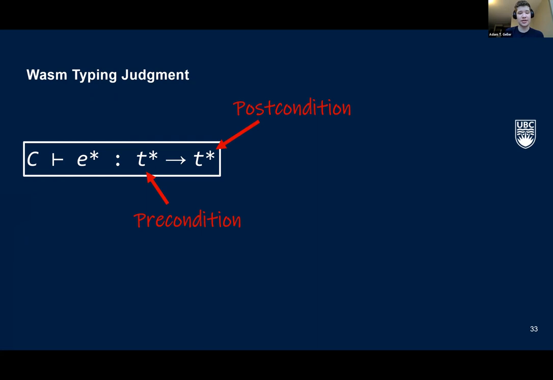So you're saying, under this type context, E star expects these values t star to be on the stack before execution.